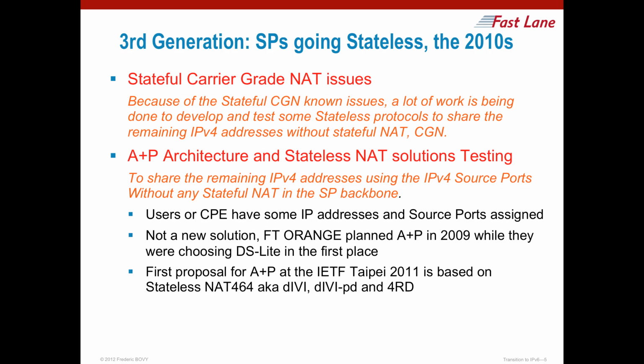The third generation actually started at the same time as the second generation, but the goal is to get rid of carrier grade NATs, because service providers don't like much the idea of running stateful NAT in the backbone. Stateful protocols in a backbone are never something the service provider wants to see, because you must do very careful capacity planning to make sure you will plan enough resources to manage the translation.